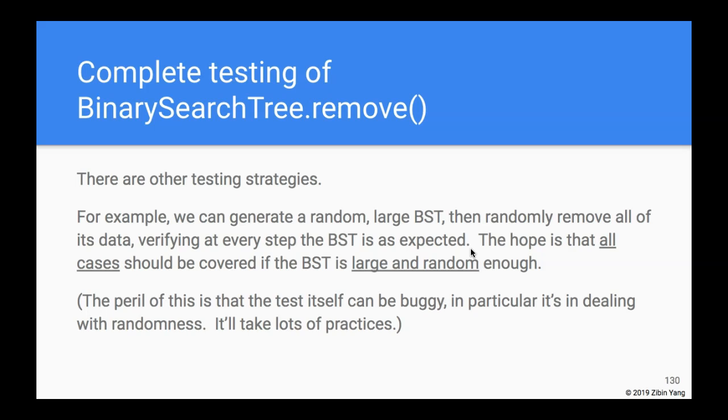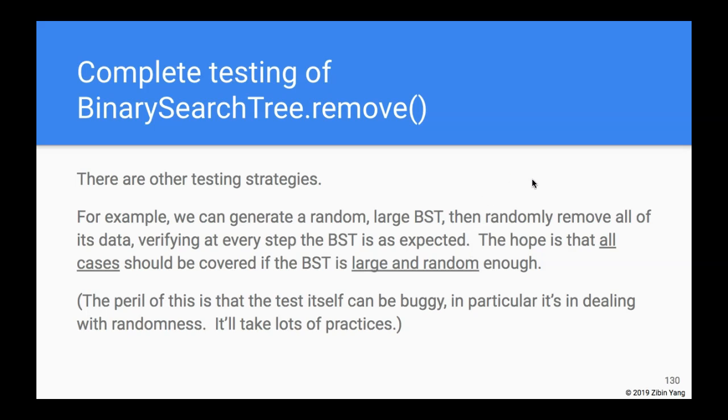And then at every step of the way, I would verify the BST is what we expect. So the hope in this strategy is that when the BST is large enough and random enough, then we will cover all the cases that remove would run into.